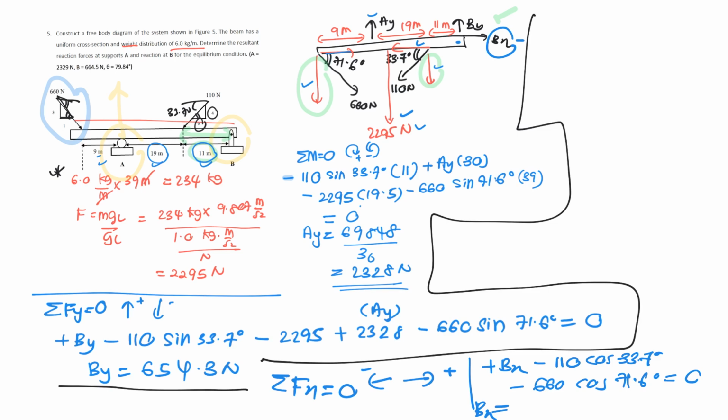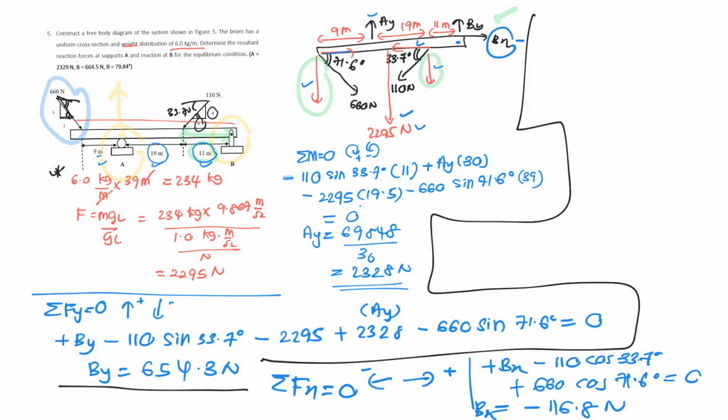It should be positive over there, okay? Because it's moving to the right. Okay, sorry. So I'm going to get negative 110 cos 33.7 plus 660 cos 71.6. So I get 116.8, and my answer is negative 116.8.